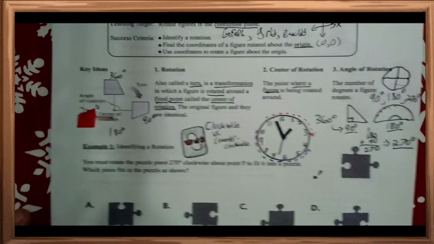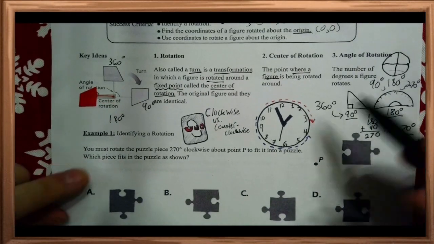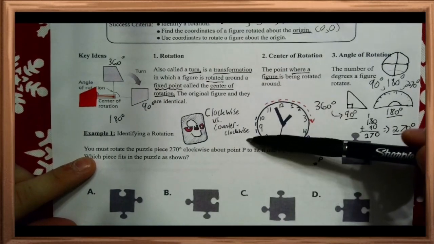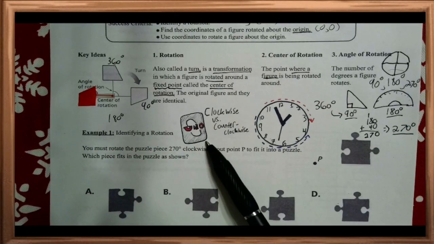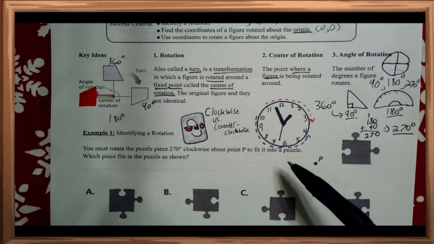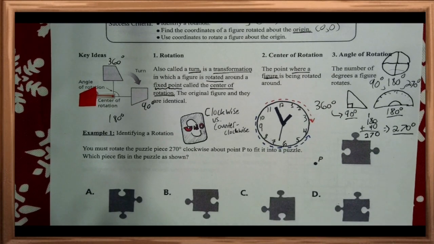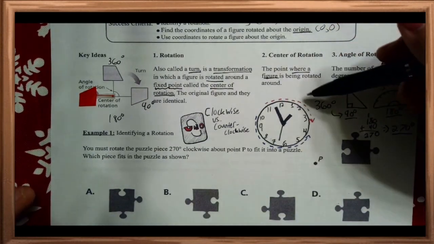One more conversation to have. When we're rotating, we either go clockwise or counterclockwise. If you've ever played the card game Uno, or any other card game like Exploding Kittens, where you have to go in an order of people, think about a clock and the way that it moves.